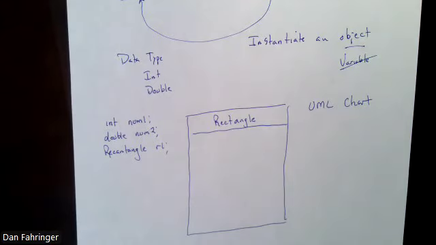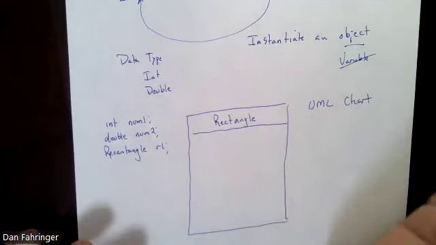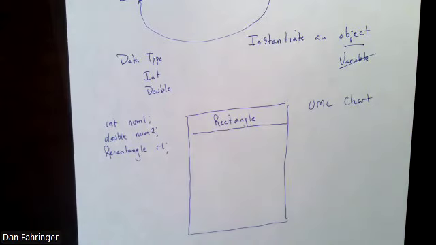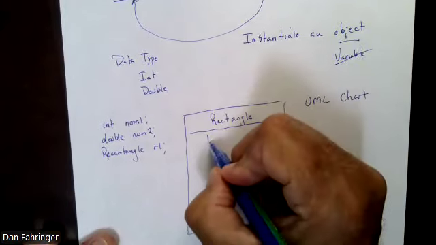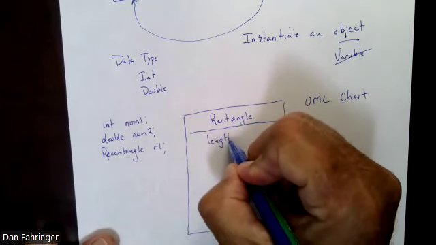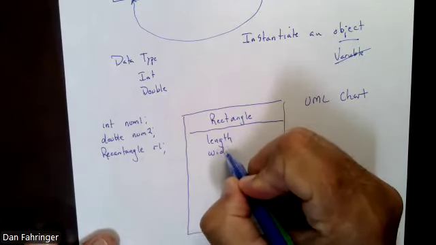Now, as you watch the video, you should have seen some things put in this data type. What do I need to know about a rectangle? What are the most important things? The length and the width.